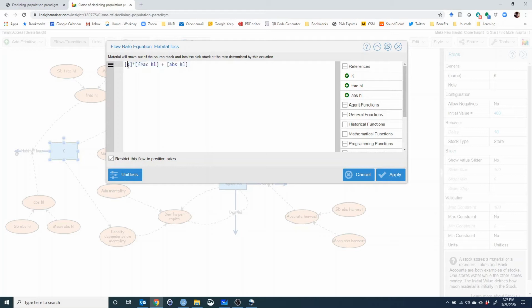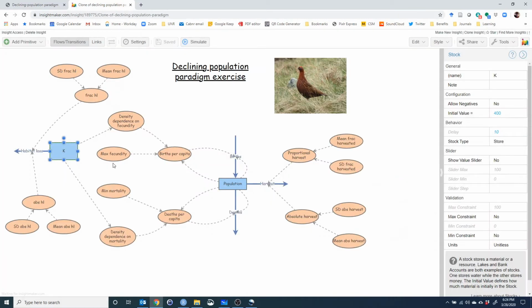One, every year we remove a proportion of the total carrying capacity for the population. Or we can remove a certain number of individuals that can be supported from this habitat. So say we start off with a carrying capacity of 100, and then every year this habitat loses the ability to support 2 individuals. So the next year the carrying capacity is 98. The next year it's 96. So 2 types of harvest and 2 types of habitat loss.